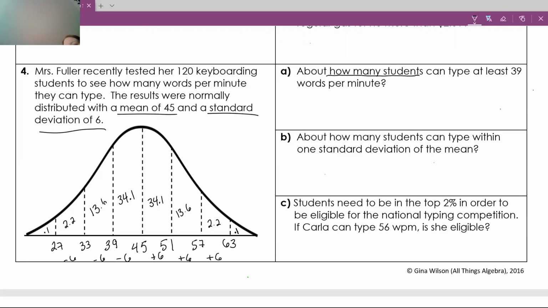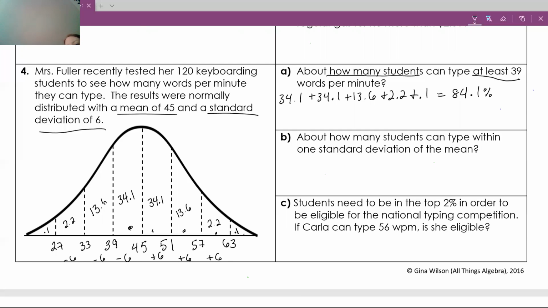How many students can type at least 39 words per minute? At least means that I need more than 39 or 39. So I'm going to count all of these ones above. 34.1 plus 34.1 plus 13.6 plus 2.2 plus 0.1 gives you 84.1. Now remember it asked for how many.